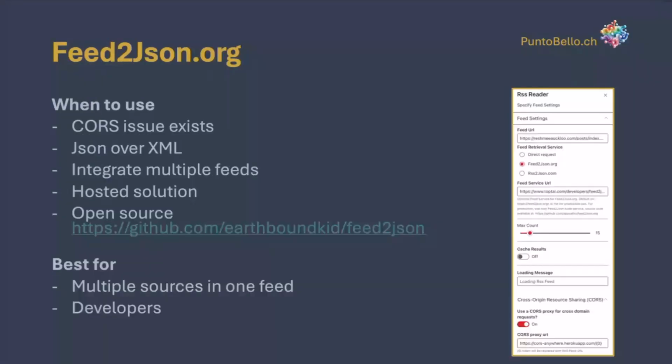Then there is a second type of feed retrieval service which is implemented in the web part. It's feed2json.org. This was, I think, bought by a company called Toptal, but the code is open source. I've added the link here. When you have a CORS issue on your RSS feed, you can use it. You have to install it either locally or as a hosted solution.